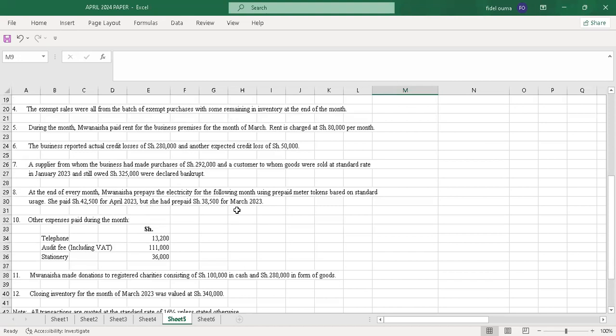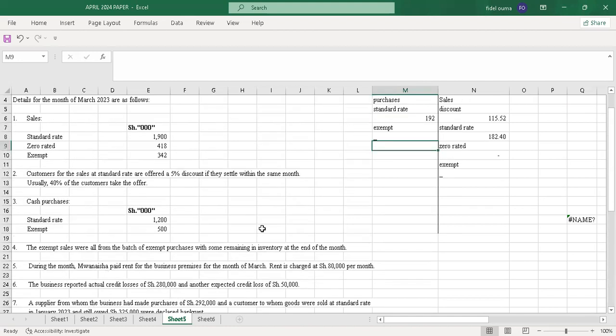So if we paid in February for March, then VAT is supposed to form part of the February VAT account. And if he paid for April in March, then we put the prepayment for April in March, because that's the tax point, the actual point in time that tax was paid. So in this question, we are going to charge 42,500, not 38,500. 38,500 was charged in February, while 42,500 is charged in March, though it was a prepayment for April.